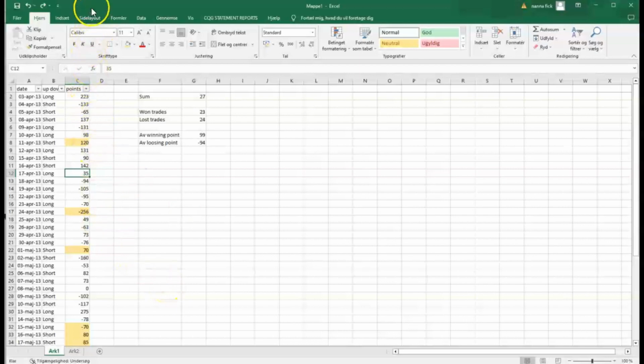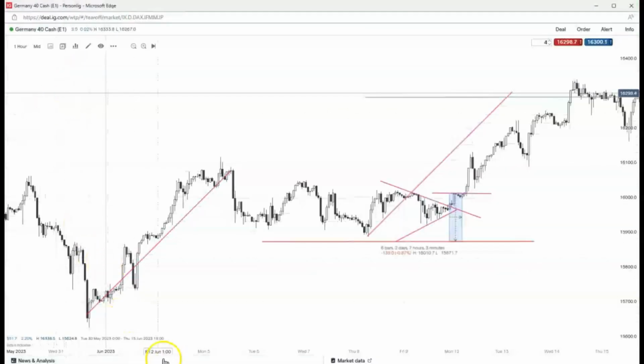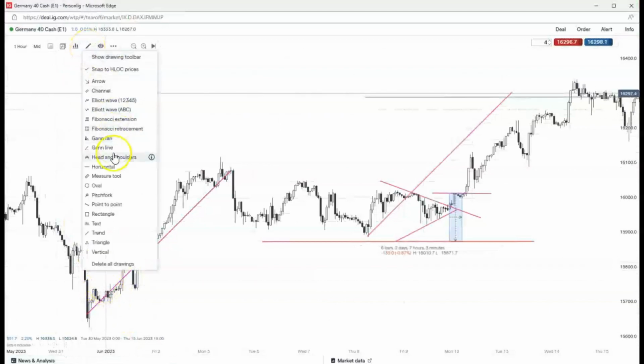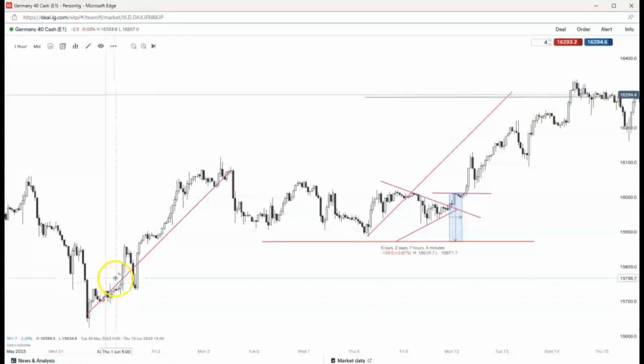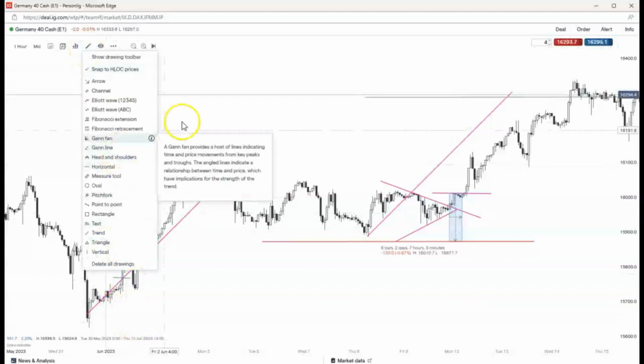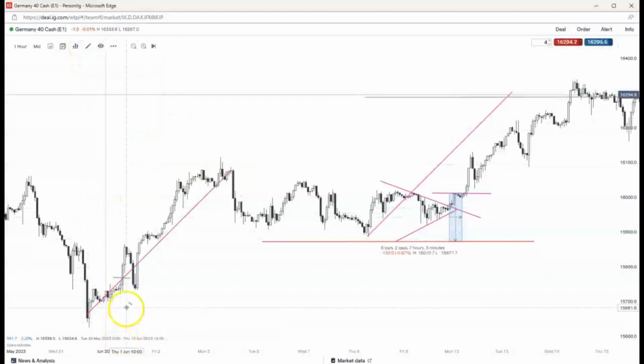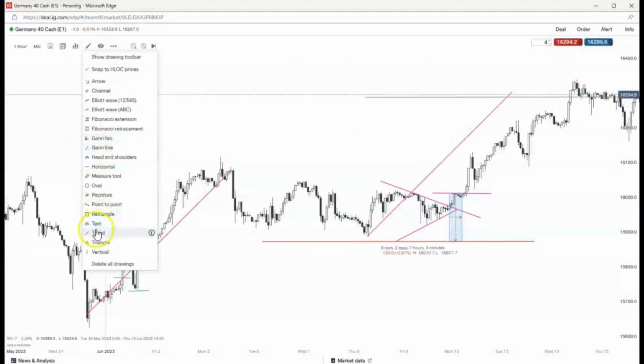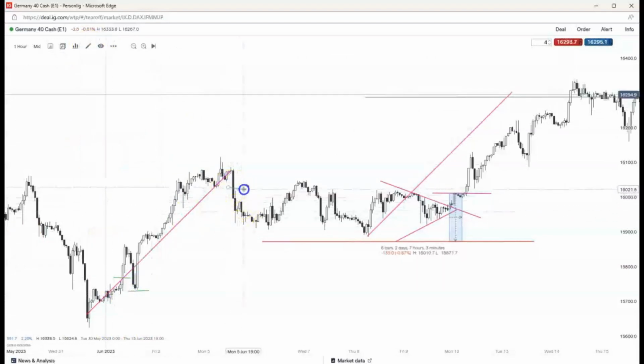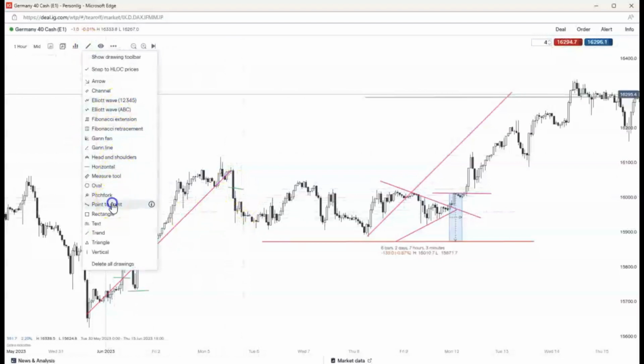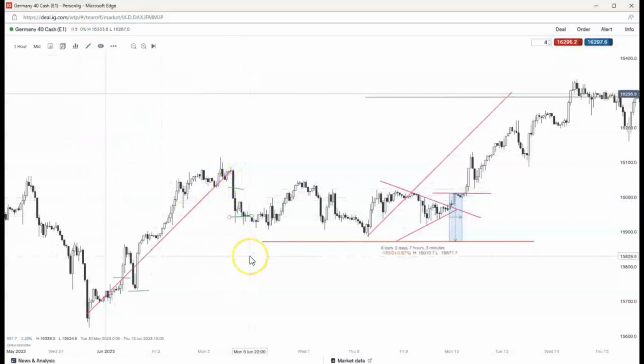What I would do is I would take my chart and I would plot in the trade. You can do it in different ways. You can say, okay, I bought here. I was stopped out here, or I sold here. I took profit here.